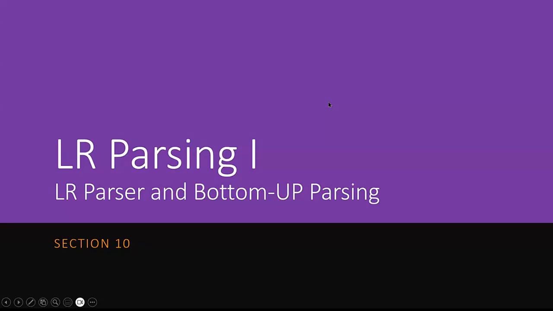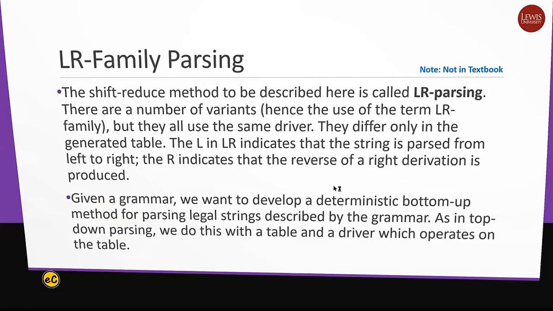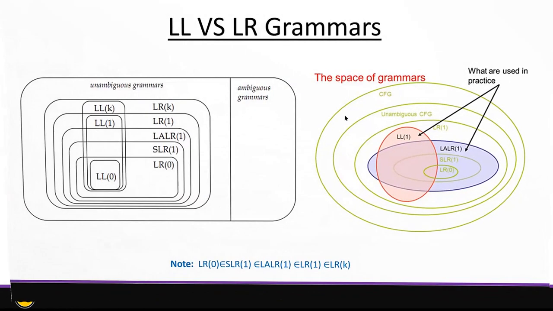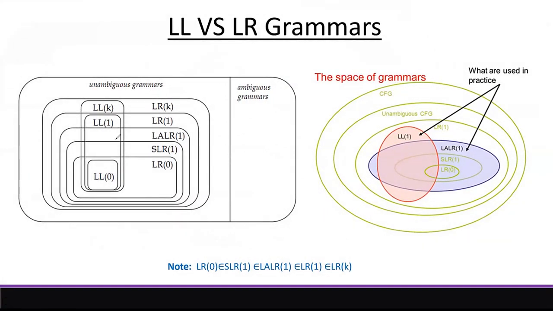Okay, that's the LL parsing part, and the second half of this lecture is LR parsing. LR parsing uses a different parsing rule, but the typical compilers you will see now are mostly LR parsers, not LL parsers, because with an LL parser your grammar is more limited. So here it shows you the LL(0), LL(1), LL(k) family, and the different LR families, and the relationship of the expression power of these different grammars.